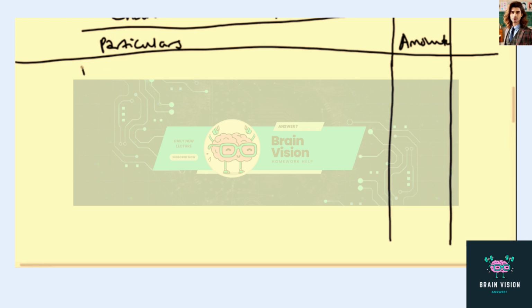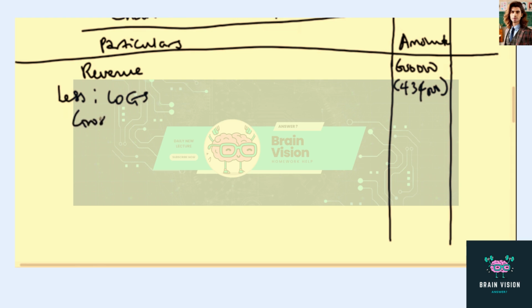So the first thing is the revenue, and this is 600,000. Then we're going to less the cost of goods sold, which I've found before, which is minus 434,000. Then what we're going to get is the gross profits, and this is 166,000.